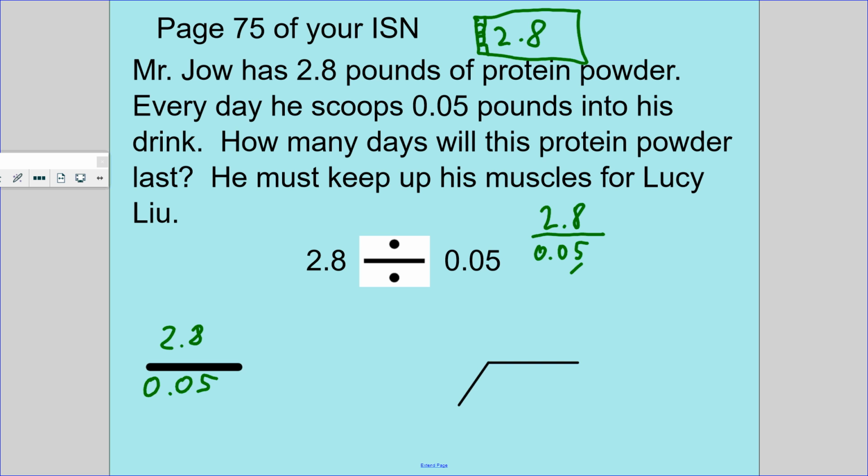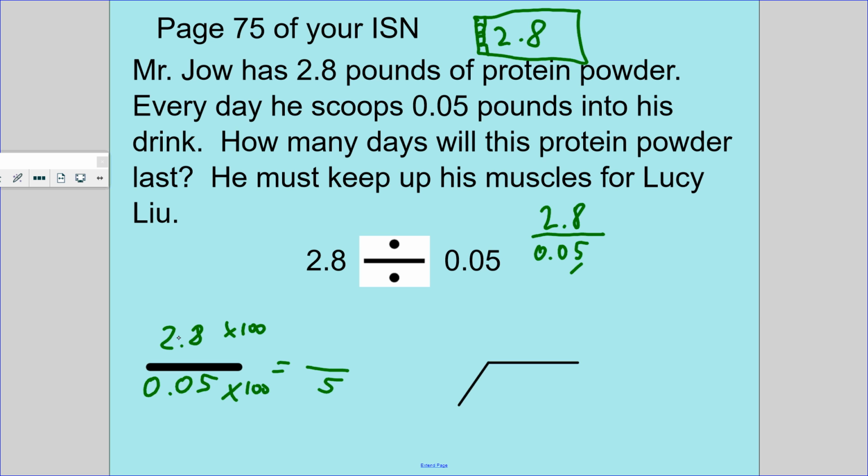Do you like working with decimals? I know I don't. I'd rather work with whole numbers. So what place value is this? This is in the thousandths place. So let's multiply this by 1,000. If I multiply 500 thousandths times 1,000, the whole number will be 500.